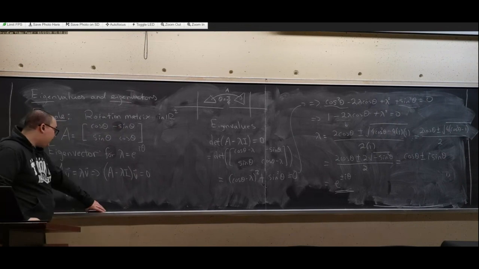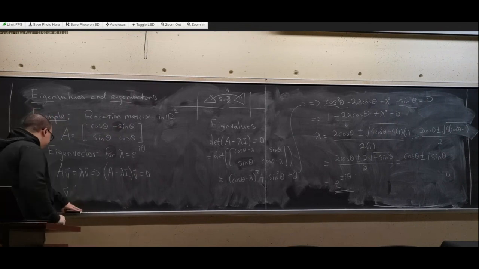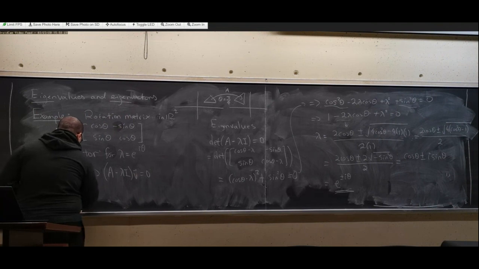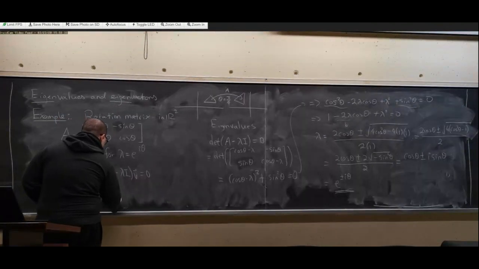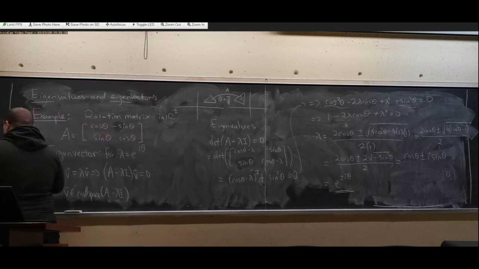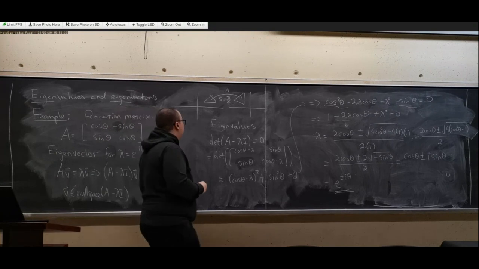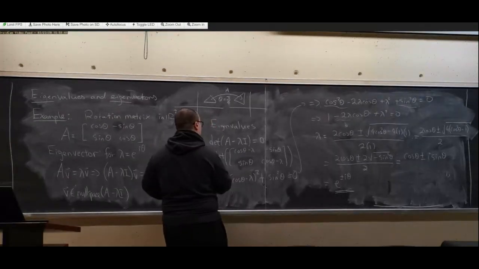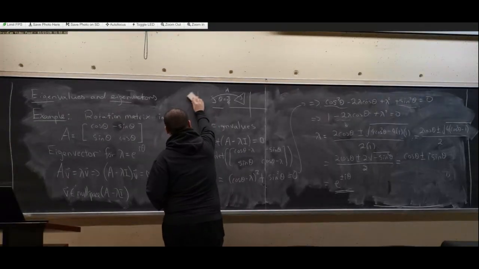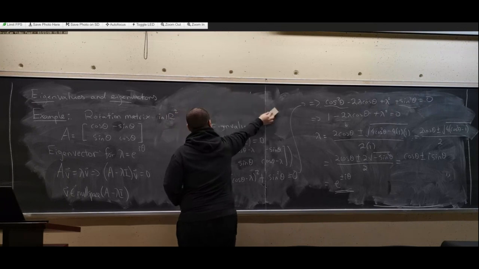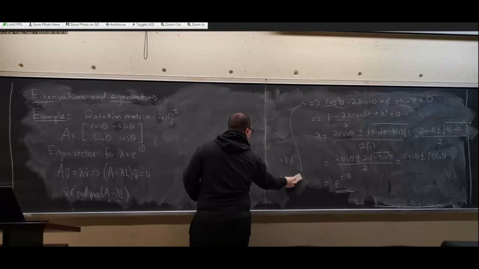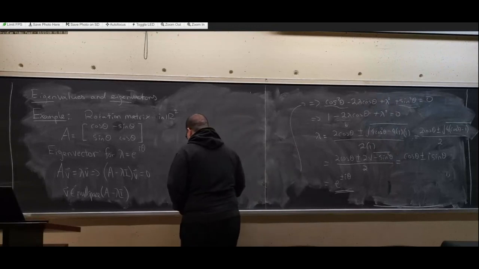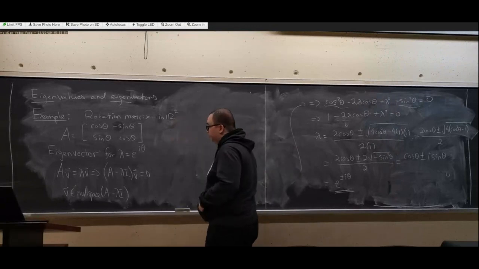So V is the null space of A minus lambda I. Okay, let's see what we get.